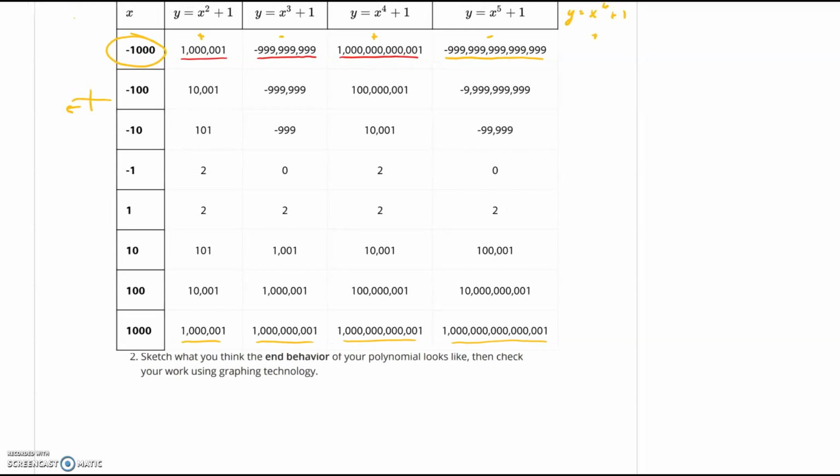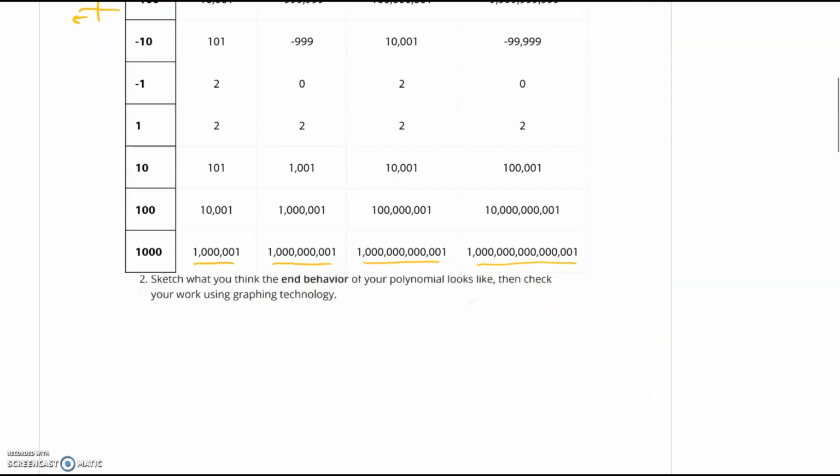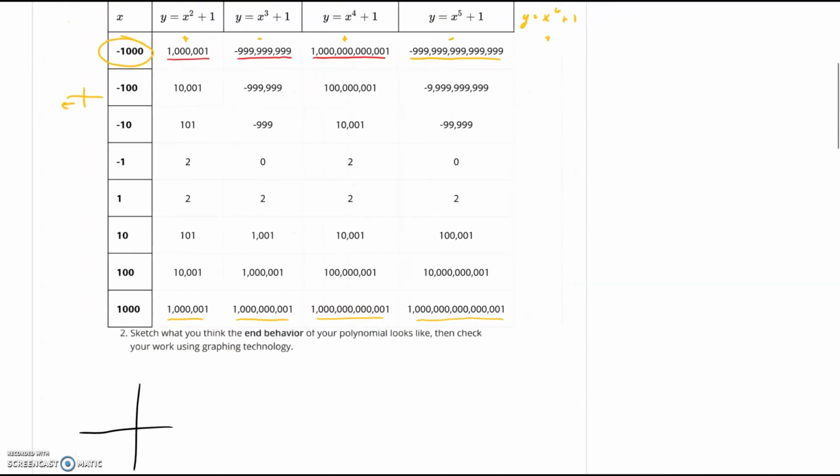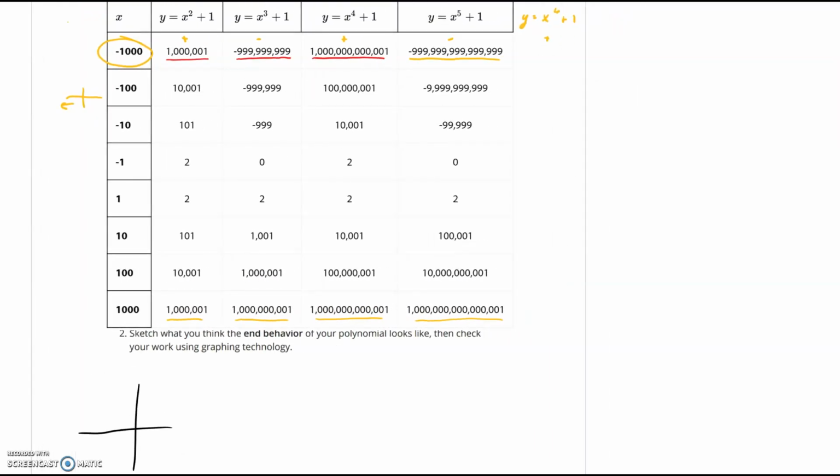So now let's look at some sketches of end behavior. This very first function right here, what will that look like? Well, notice it's a very big positive on the left when x is really small, and a very big positive on the right. So my end behavior will kind of go like that, up to the left and up to the right.